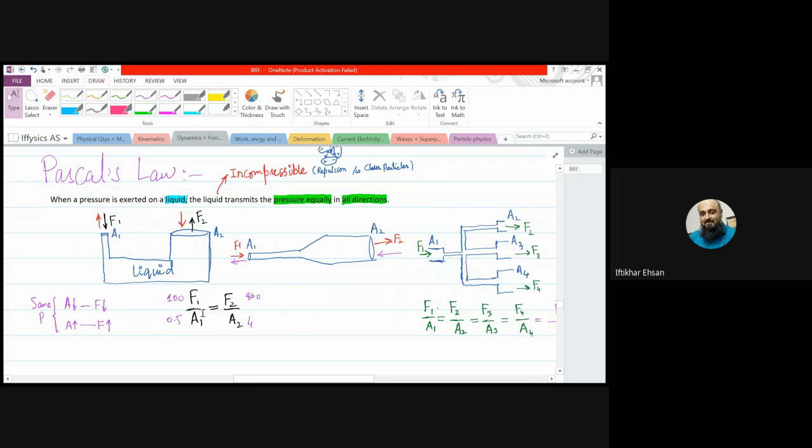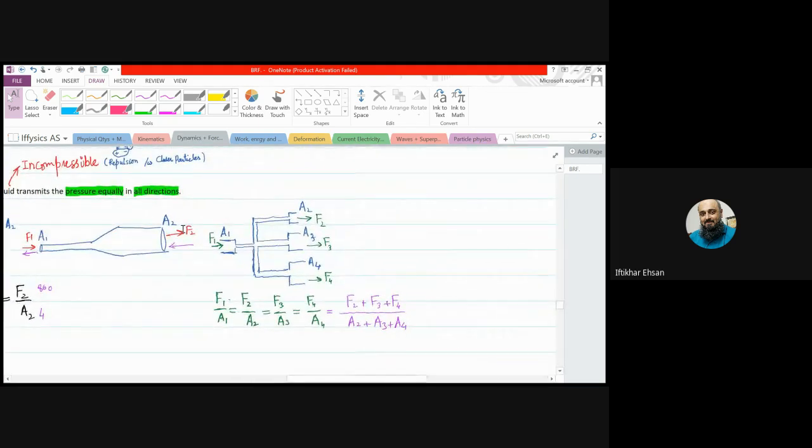So F1 over A1 equal to F2 over A2 is the formula applied here, and on this as well. Similarly, if we have more than one area or cylinder on the other side, the input side is A1 with force F1, and here are the areas A2, A3, A4 with forces F2, F3, F4.